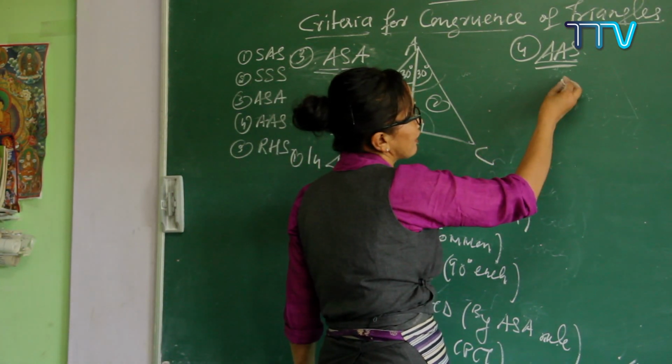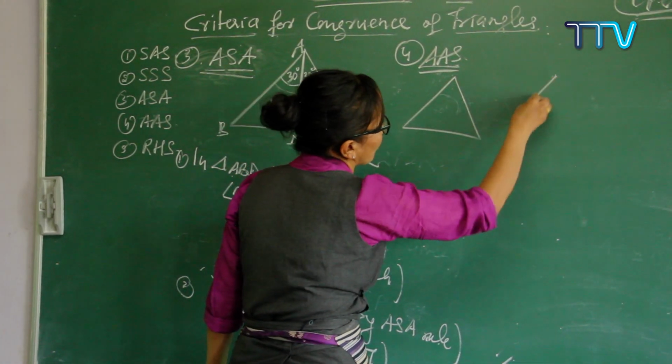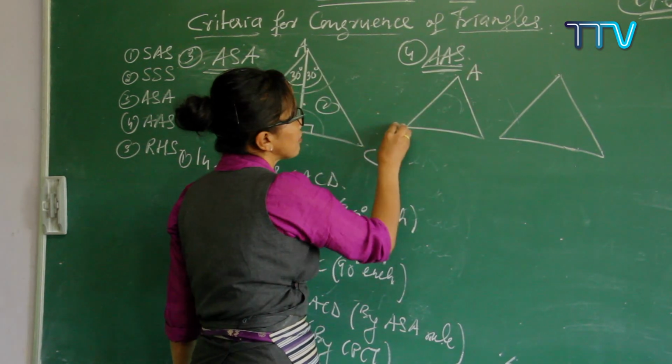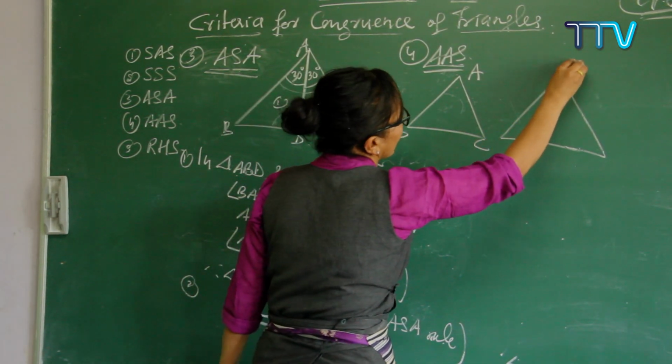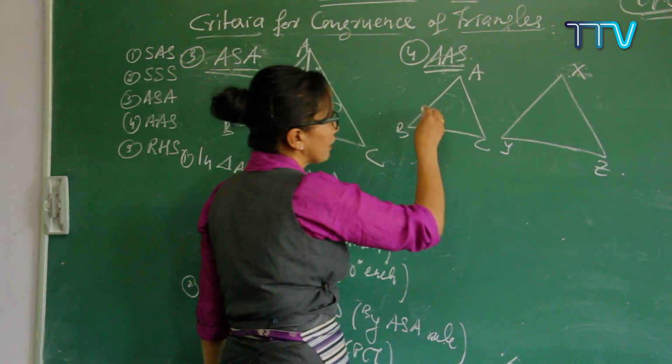See, suppose I draw one triangle and one more triangle. So see here, again ABC and XYZ. Got it?